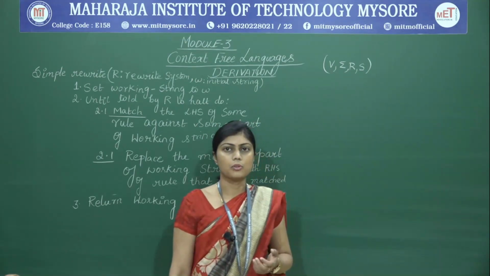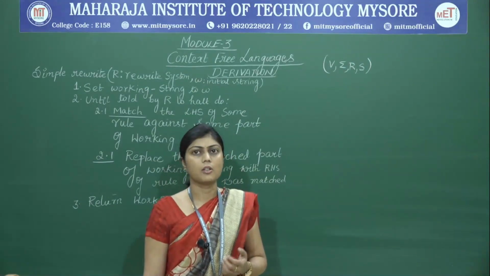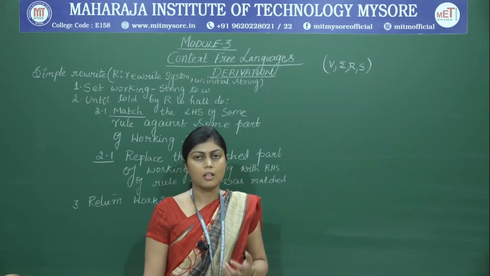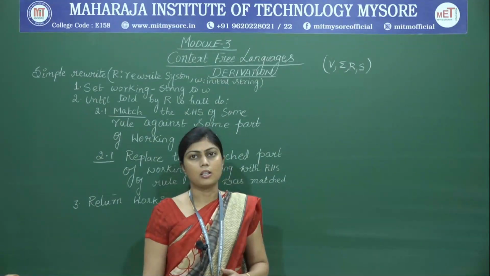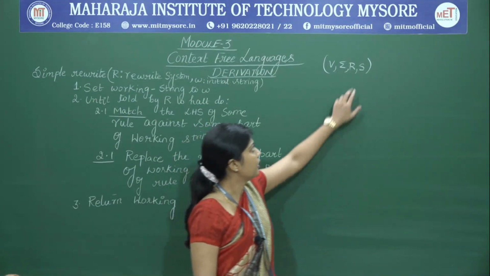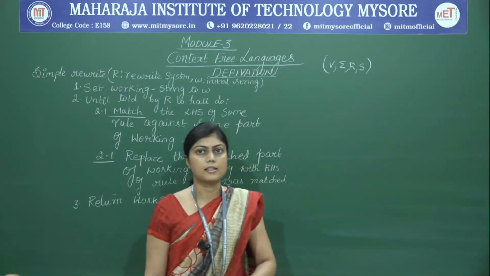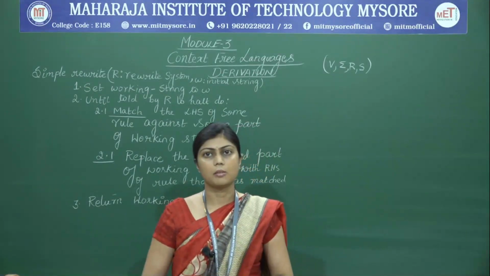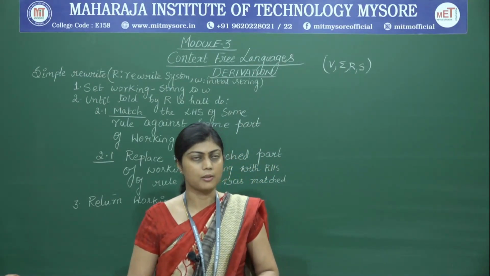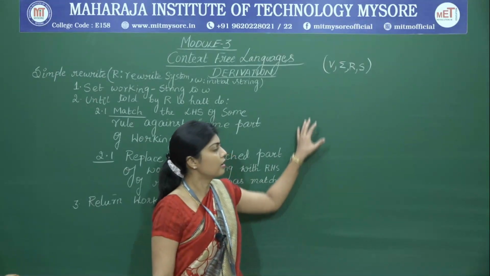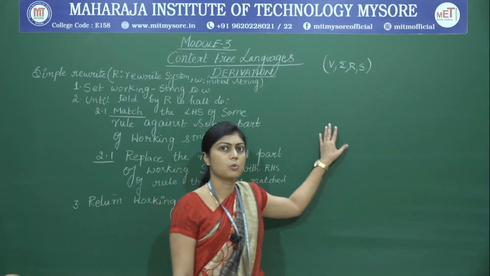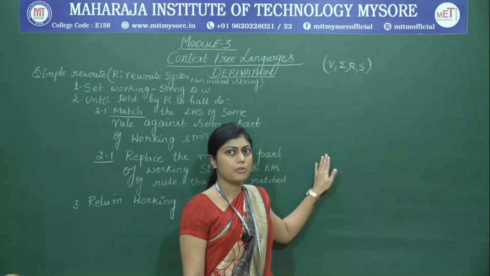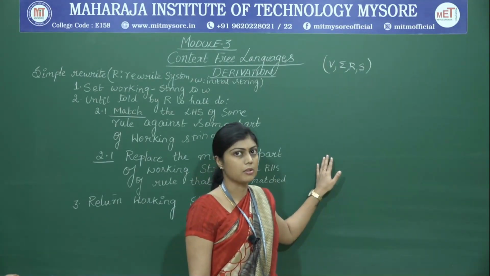R is the set of rules that we apply recursively in order to derive a string. Any string is a set of all the terminals. And S is the start symbol, which says that it is the first symbol in the rule of the grammar. So this is a revisit of what is there in the definition of a context-free grammar.